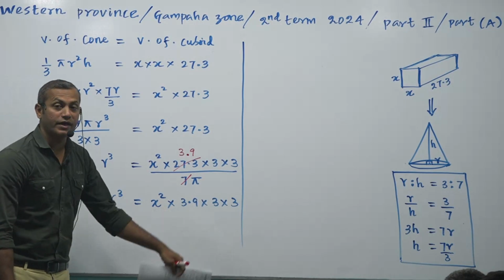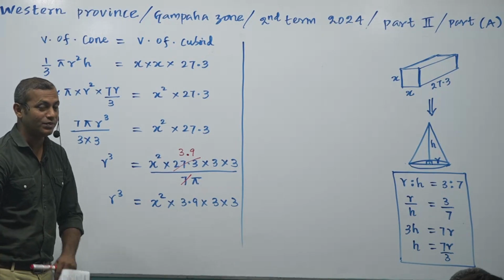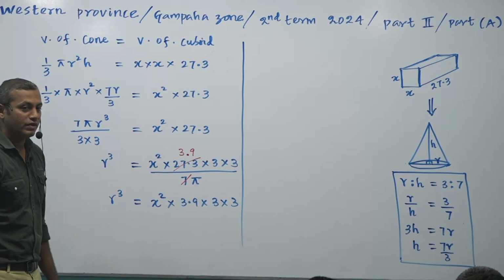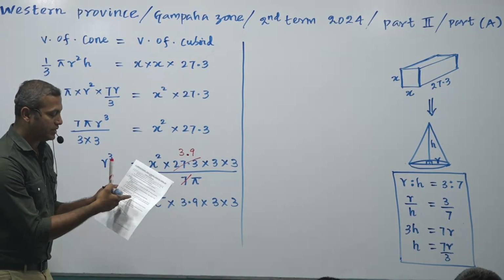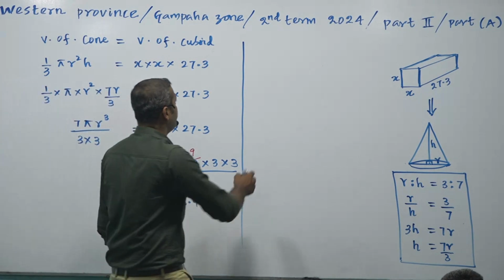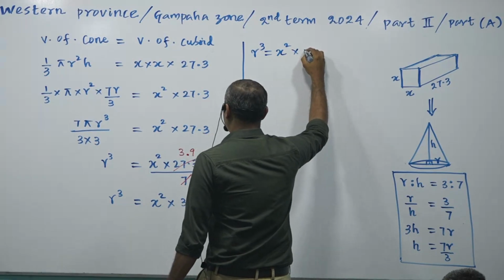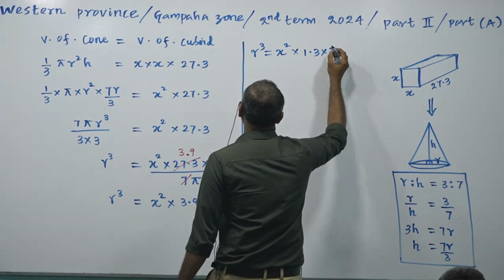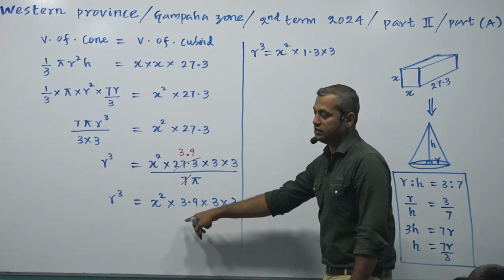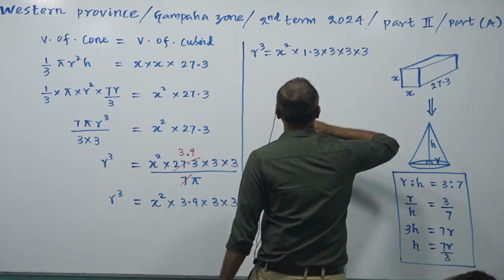Now this 3.9 can be written as a product of 3 into how much? 3 into 1.3. I am just trying to adjust these and obtain the answer which is given. So 3.9 can be written as 1.3 into 3. What do you say? But already we have another 2 more, 3 into 3. Yes or no?